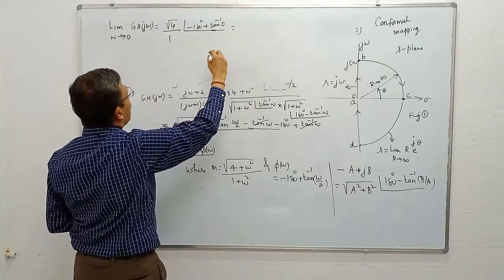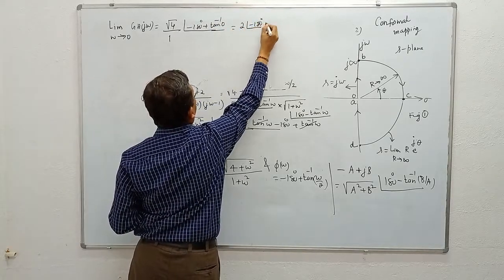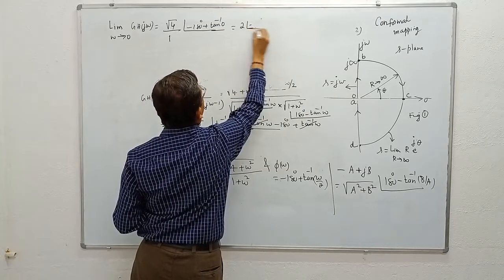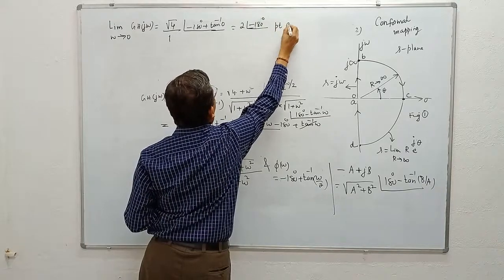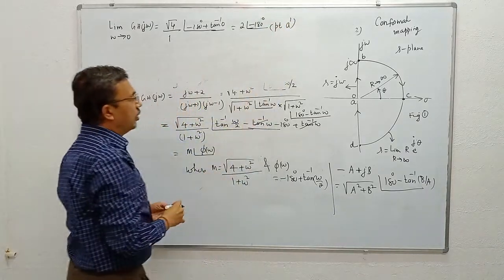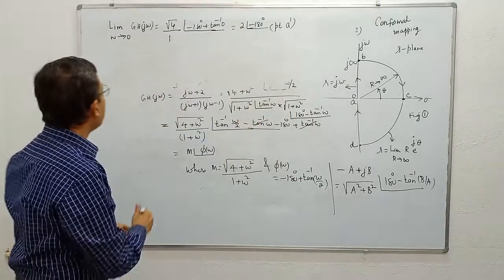Tan inverse of 0 is 0, so you get 2 at an angle minus 180 degrees. This is point A dash. A dash is the image of point A.